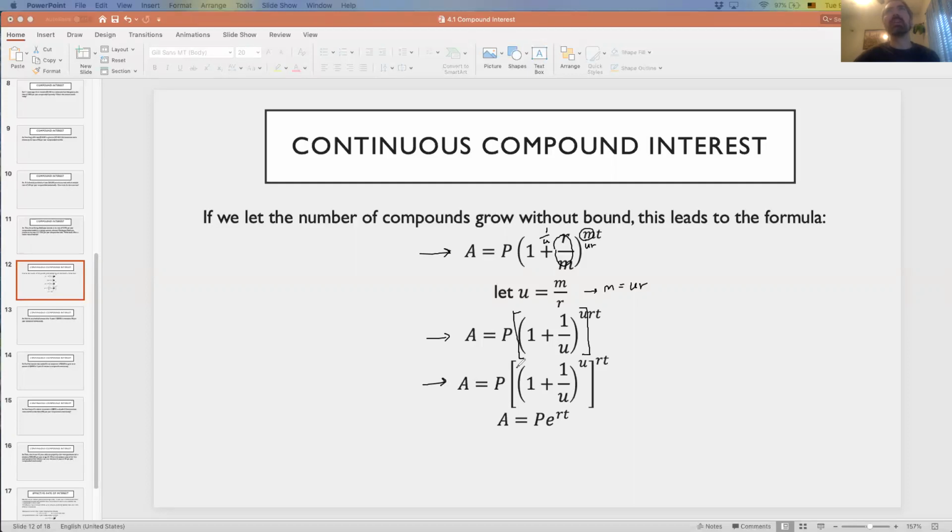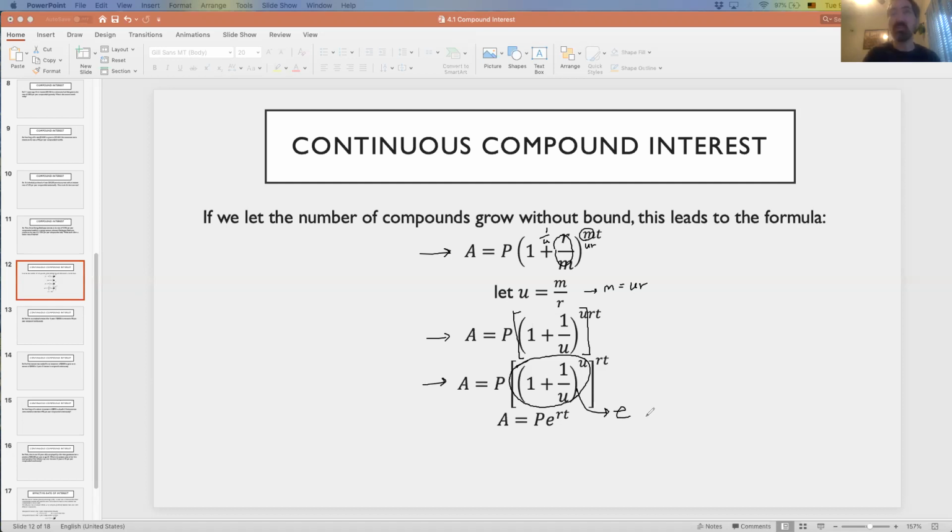And in the math world, (1 plus 1 over U) to the U is kind of like a calculus thing. Look at the limit of this as U goes to infinity. As M goes to infinity, U will go to infinity. This (1 plus 1 over U) to the U will approach E, right?